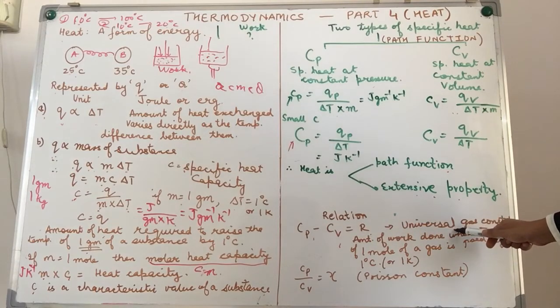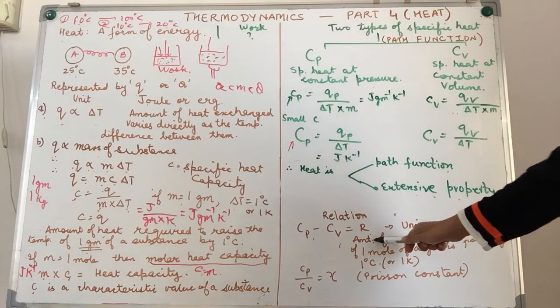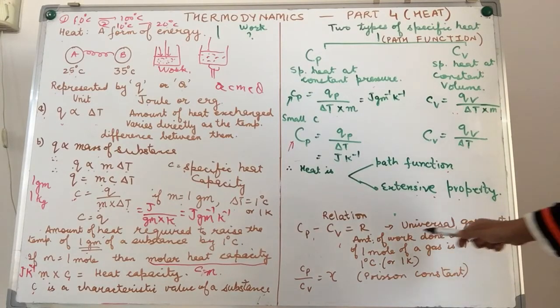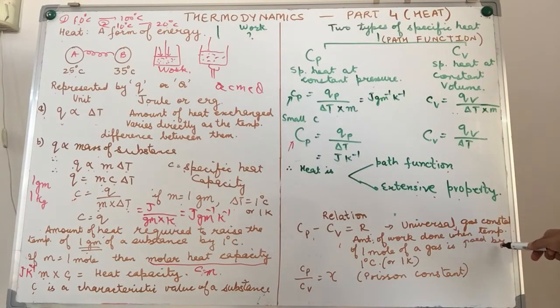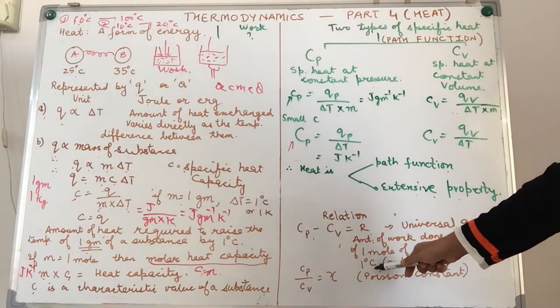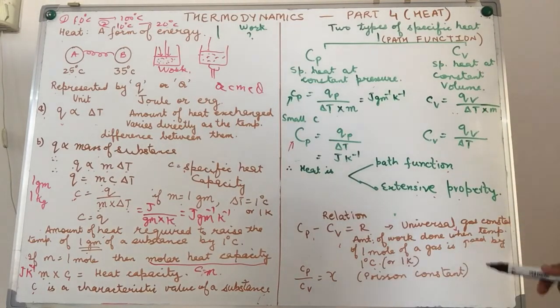It's the universal gas constant, 8.314 joule per mole per Kelvin. It's the amount of work done when the temperature of 1 mole of a gas is increased by 1 degree Celsius or 1 Kelvin. Please remember, when you're talking about a difference in temperature, whether it is Celsius or Kelvin, it is the same.